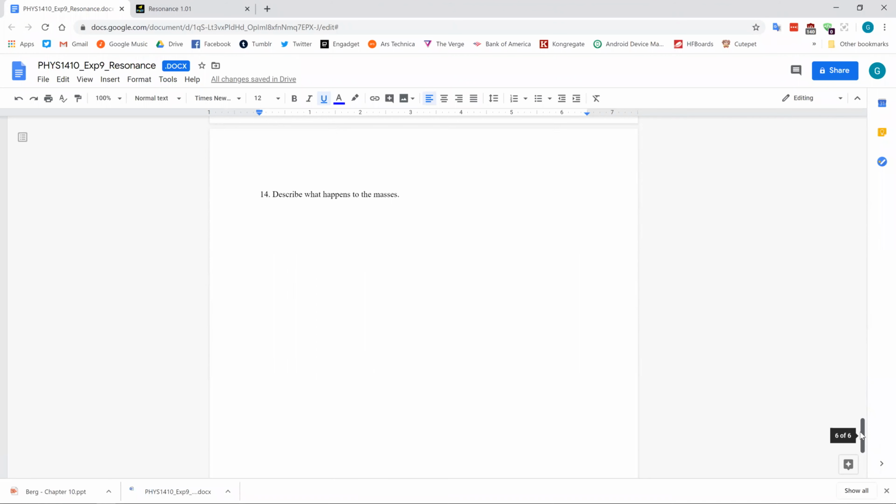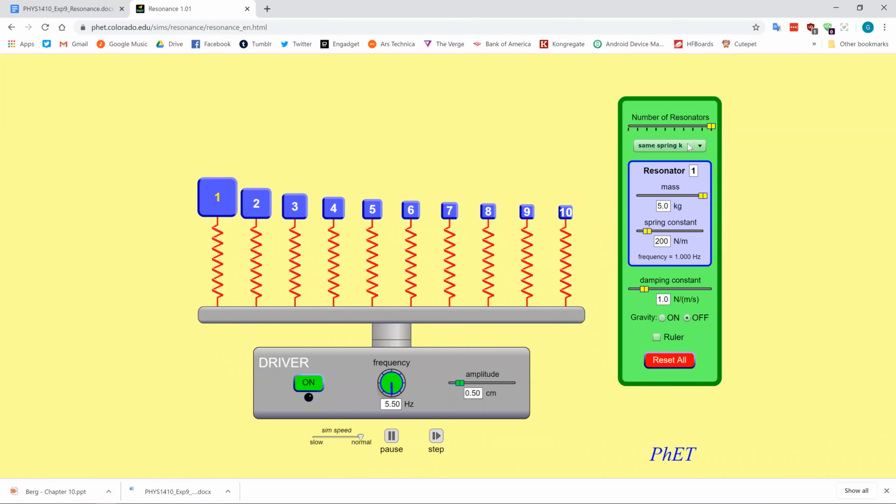And then the very last one here, this is pretty straightforward. What you're going to do is 10 resonators with the same frequency. I believe it's going to be 1 again, so I'm going to set this all the way back. Oops.